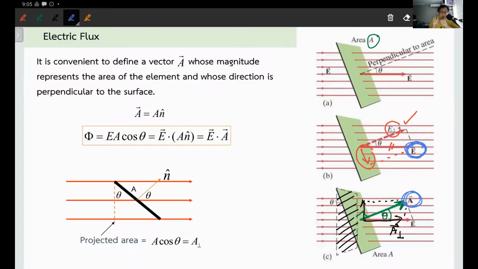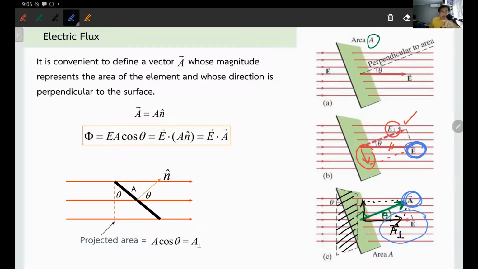We only grab the electric field vector and the A vector, and we combine them, only taking the components that are pointing in the same direction. Right here, you see that?